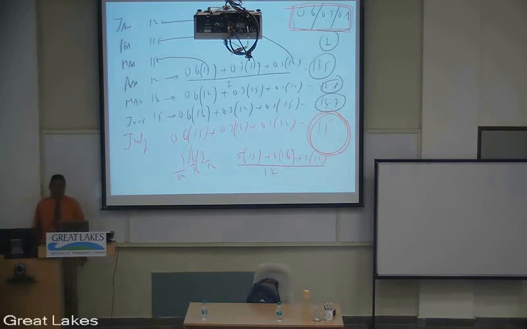So you want to ensure that those weights all add up to 1. That's the reason why I'm using 5 12ths, 4 12ths, 3 12ths, so they indeed add up to 1. 12 happens to be a common denominator.